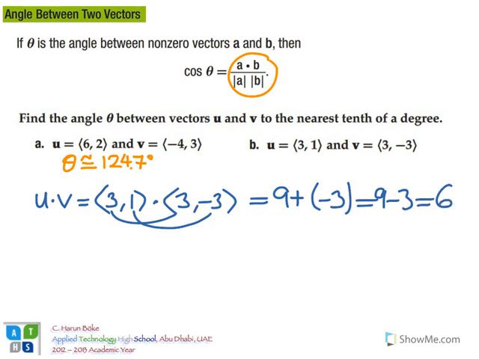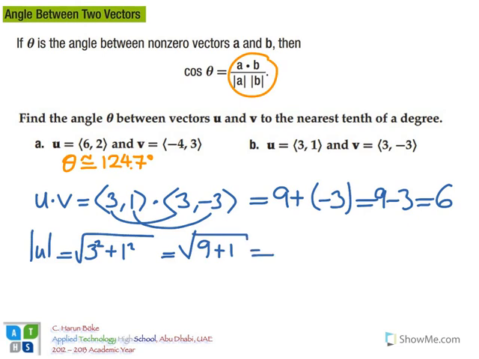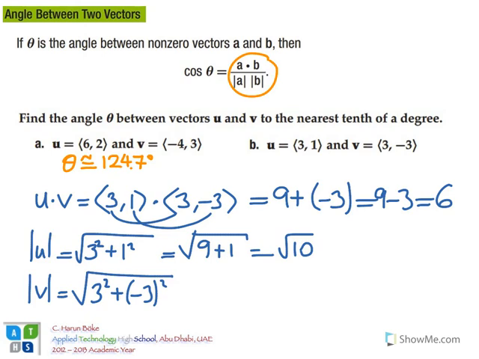On the other hand, the magnitude of u is the square root of 3 squared plus 1 squared, which will give me 9 as 3 squared plus 1 as 1 squared, which results in the root of 10. And the magnitude of v, on the other hand, is the square root of 3 squared plus (-3) squared in brackets.